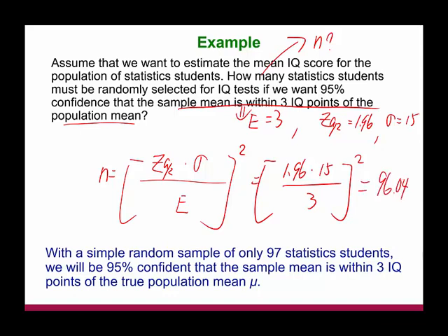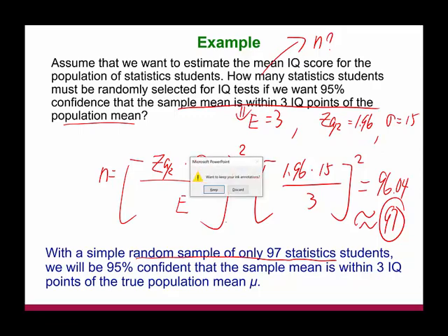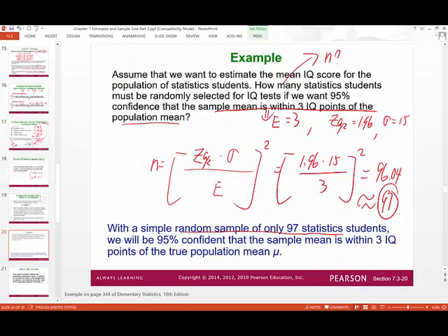Again, the rule is always round up to 97. That means with a simple random sample of 97 statistics students, let me just add it to the question here: the population and the population standard deviation.